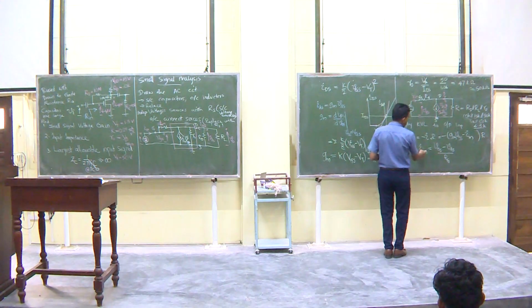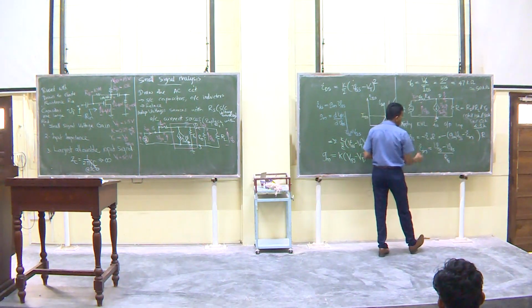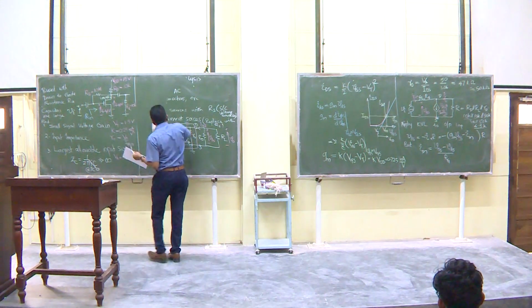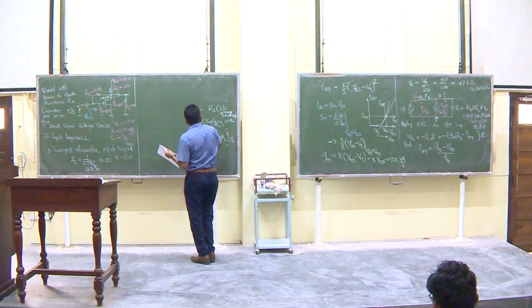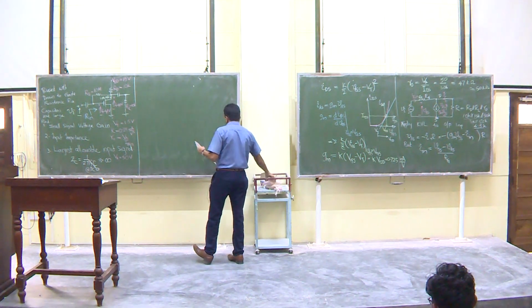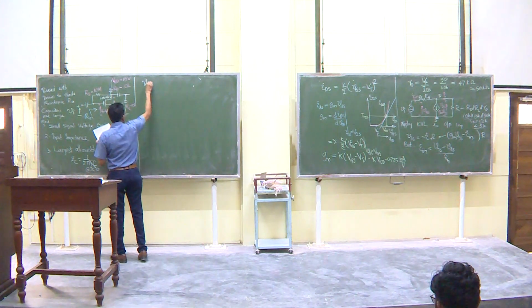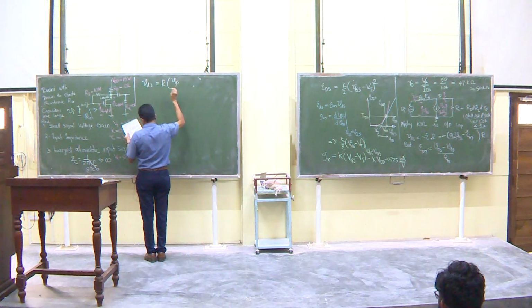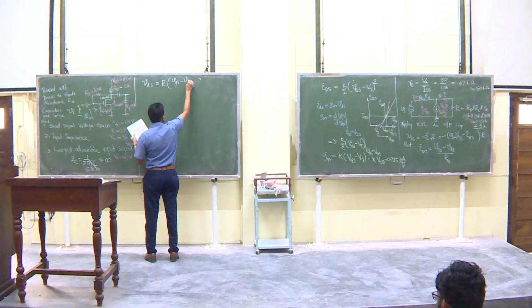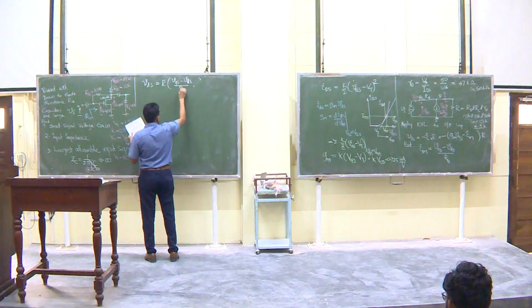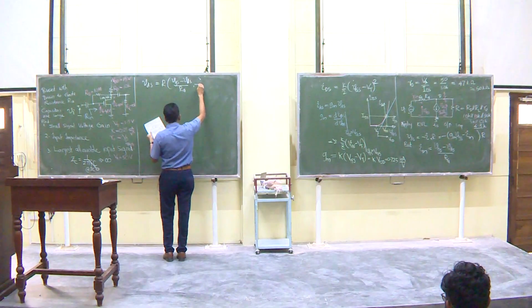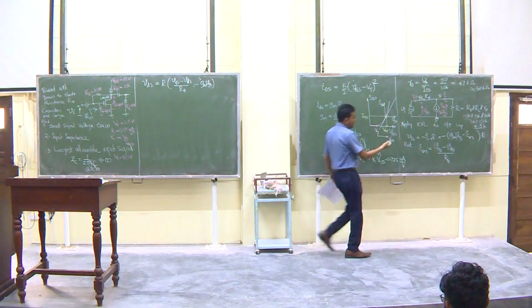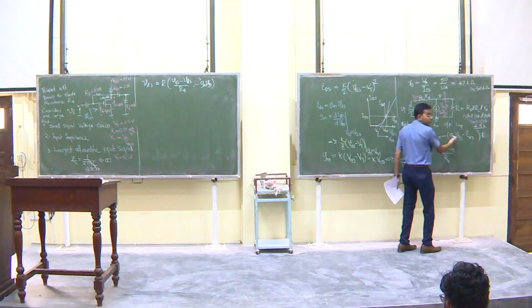Therefore, I can substitute I in here using this expression. I will get VDS is equal to R times, VGS minus VDS, this is I in, minus GM VGS. I have taken this negative sign inside, so that this becomes I in minus GM VGS, right?